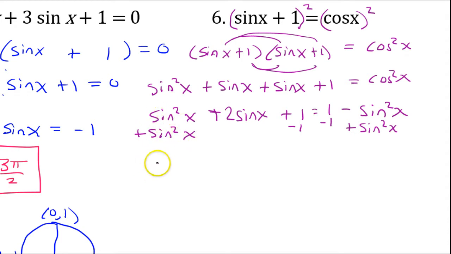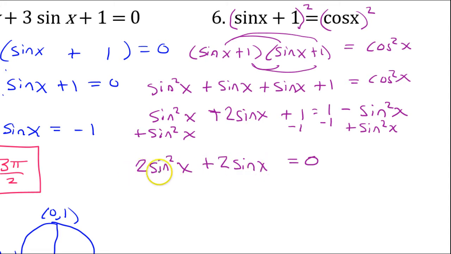No, they're both positive. So this is going to make 2 sine squared x plus 2 sine x is equal to 0. Interesting. So time for the GCF, which is 2 sine x.